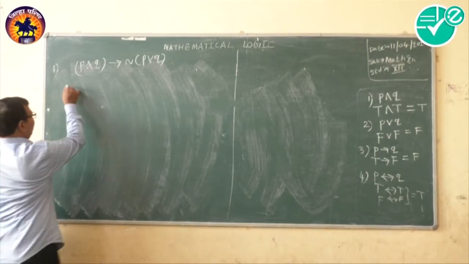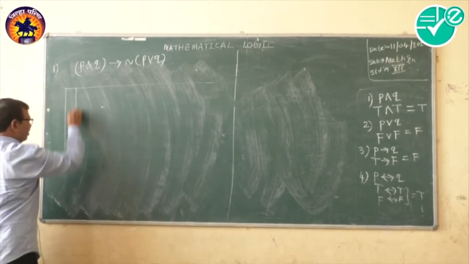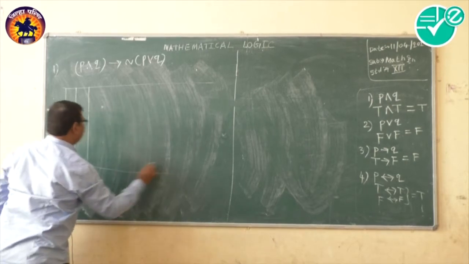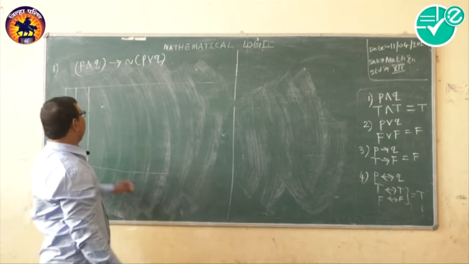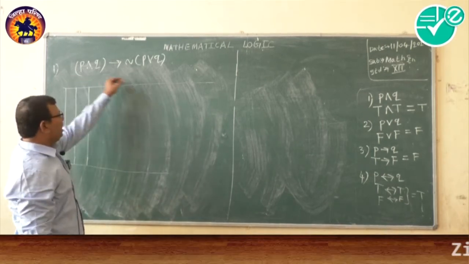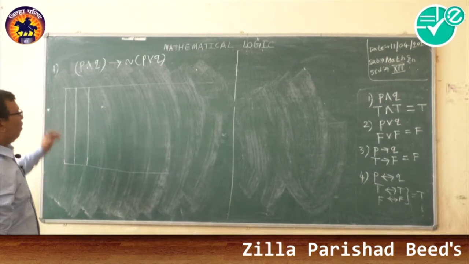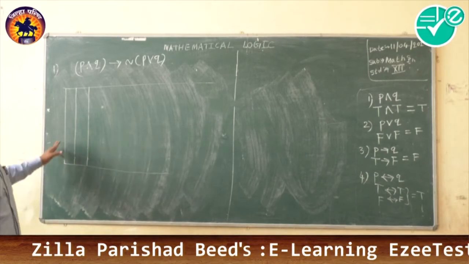First of all, construct the table, also called the input output table. First, we should think about what we have to solve in this example.